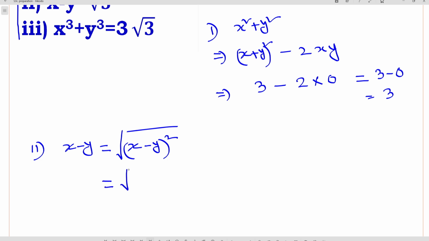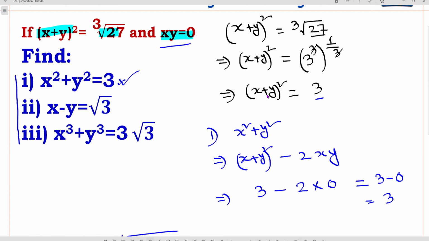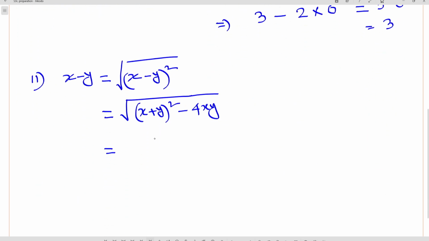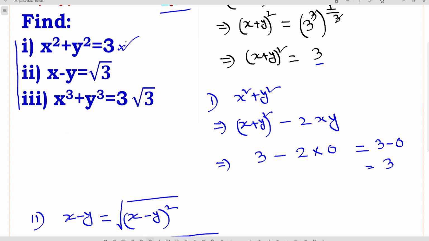Next, (x minus y) whole square can be written as (x plus y) whole square minus 4xy. We already know (x plus y) whole square equals 3, so we can write 3 minus 4 times xy, which is 0, under the square root. So 4 times 0 is 0, so we get 3, and it becomes root 3. So we can say the second statement is also correct.